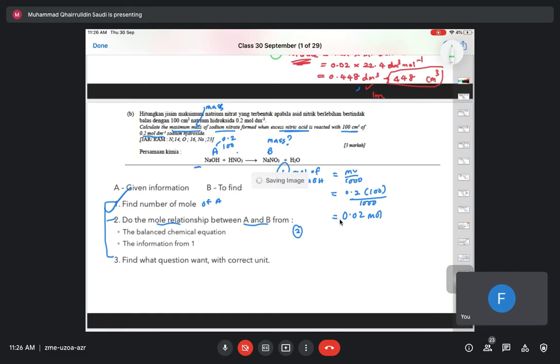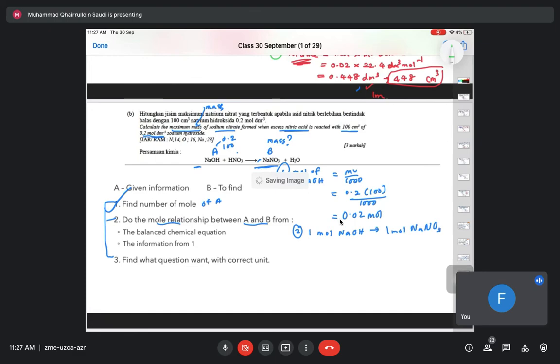One mole of NaOH. Good. 1 mole of NaOH will produce berapa mole NaNO3? Sodium nitrate? 1 mole. 1 mole of sodium nitrate.